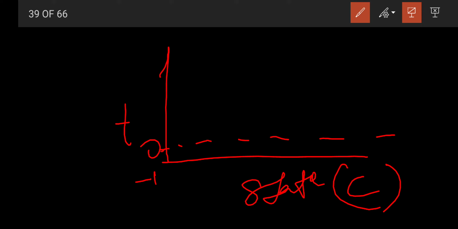Is it ice or water? It is actually both. At 0 degree Celsius, ice starts melting, and again at 0 degree Celsius, liquid water starts freezing. So at this temperature, you will get a mixture of solid and liquid both.